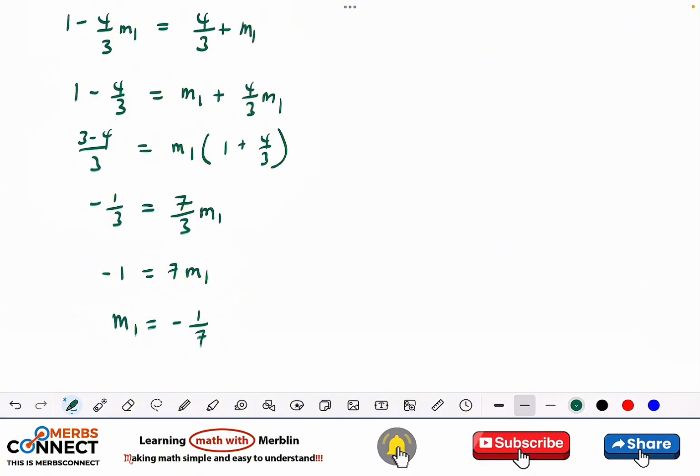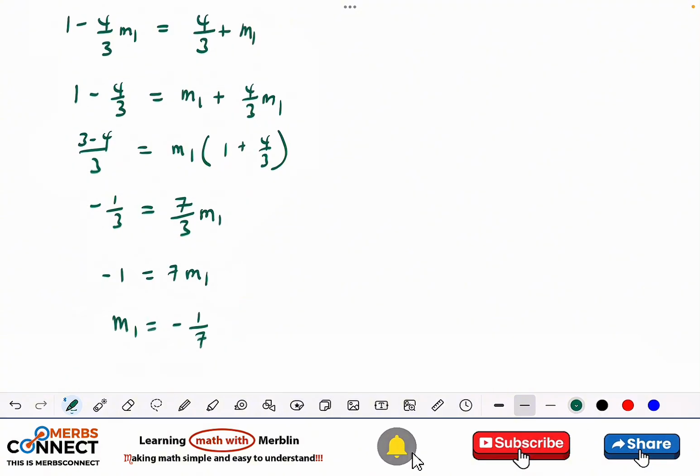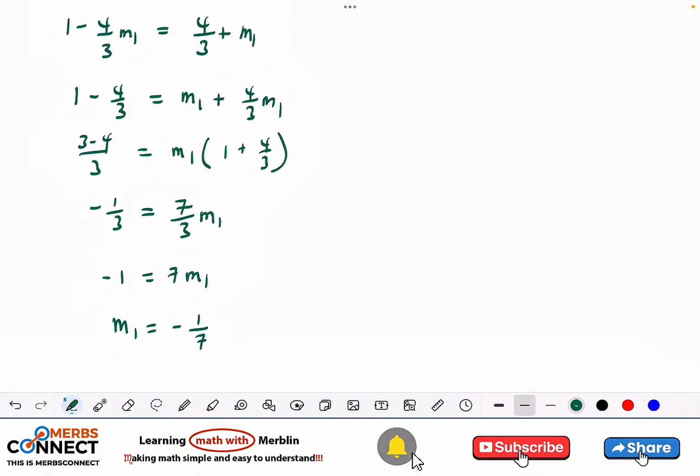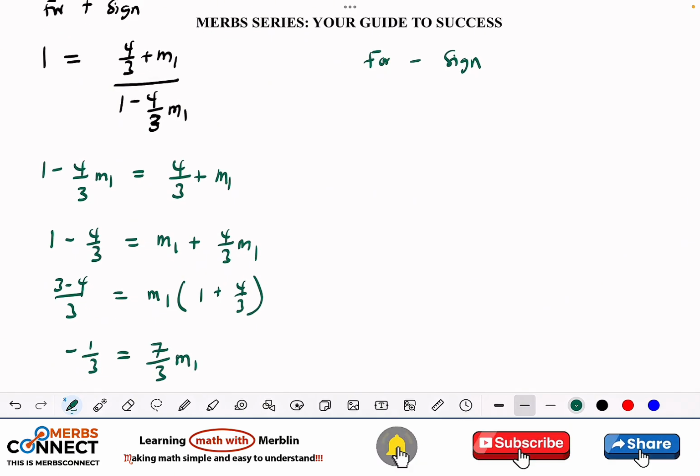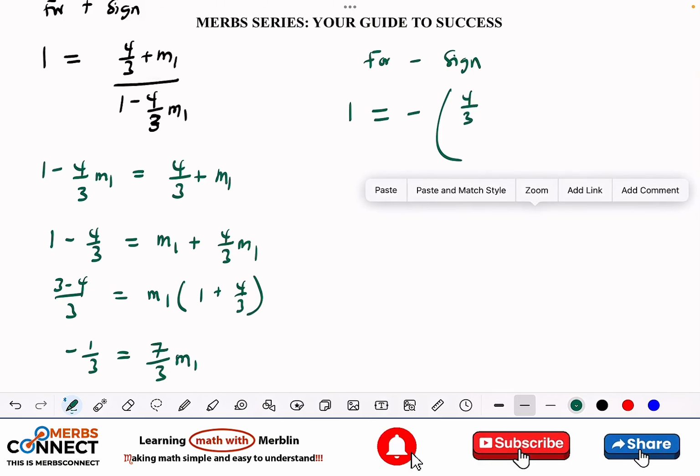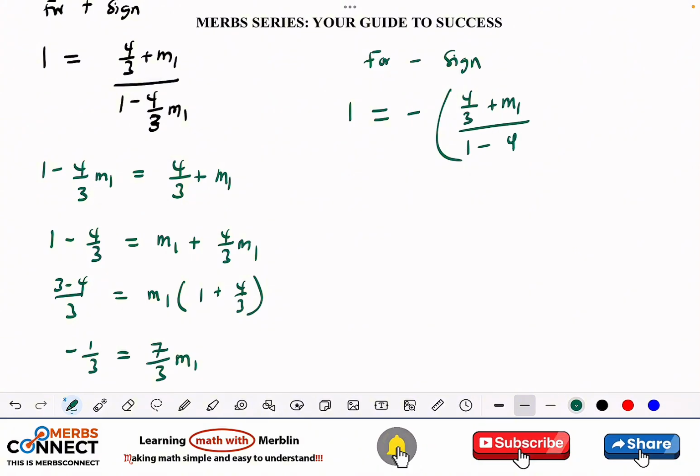Let's try and work on the other side. So let's work on the negative sign and see what we are going to get. This is going to be minus, open bracket, 4 over 3 plus M1 divided by 1 minus 4 on 3 M1.